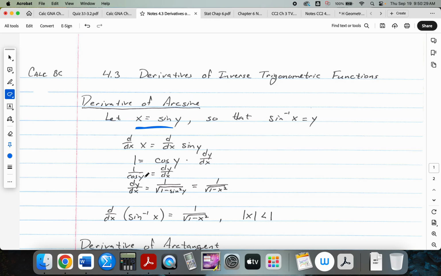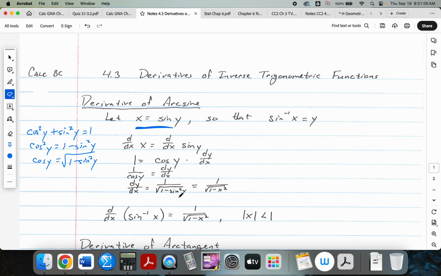Since cosine squared plus sine squared is equal to 1, you don't need to write this, but cosine squared y plus sine squared y is 1. That means that cosine squared y is equal to 1 minus sine squared of y. So cosine of y is the square root of 1 minus sine squared of y.